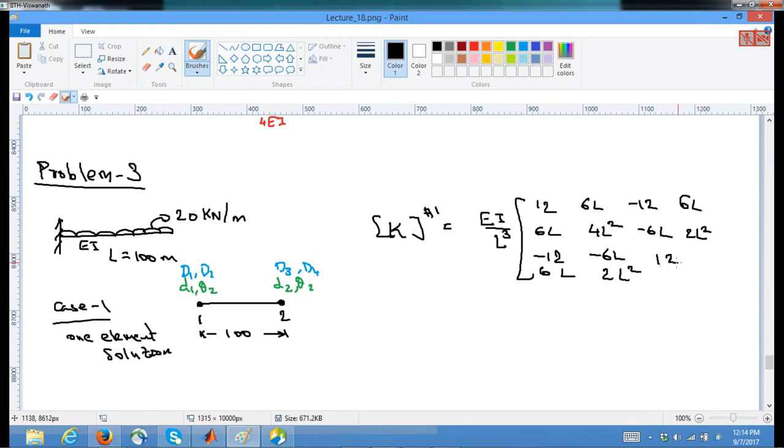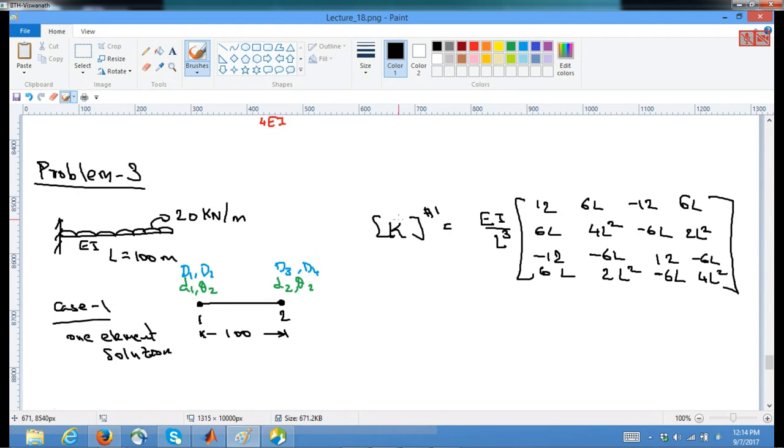This is 12 and this is minus 6L, minus 6L and this is 4L square. So there is nothing big deal about it. This which we have obtained, we'll have it as it is.